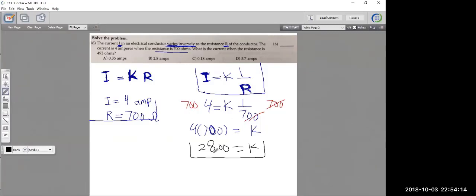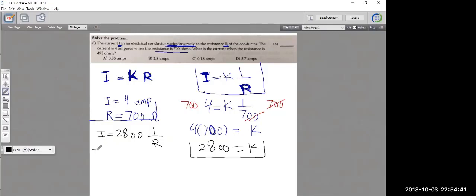All right, since I know k is equal to 2800 now, my equation returns to I is equal to 2800 times 1 over r. Now I can solve for any other conditions, and usually they ask you to find something at the end, which they're doing right here. They're saying, what is the current, what is I, when the resistance is 493?